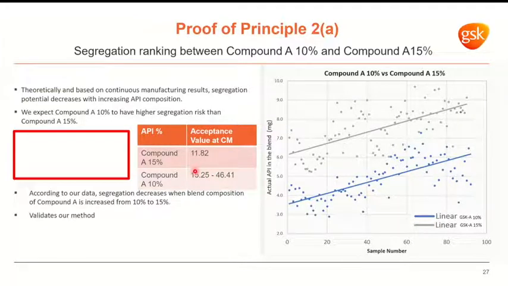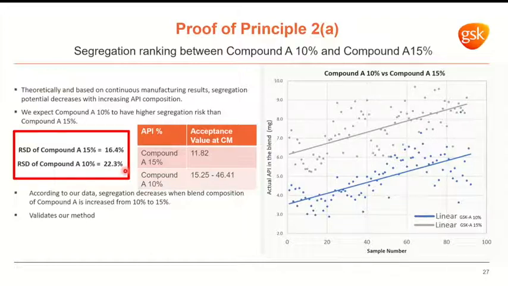So if our method is valid, again, it should show us that compound A 15% is segregating less than compound A 10%. So when we did our study, this is what we got. The blue line is for compound A 10% and the gray line is for compound A 15%. And this is what we got after the RSD test. So the RSD of compound A 15% is 16.4%, whereas that of compound A 10% is 22.3%.